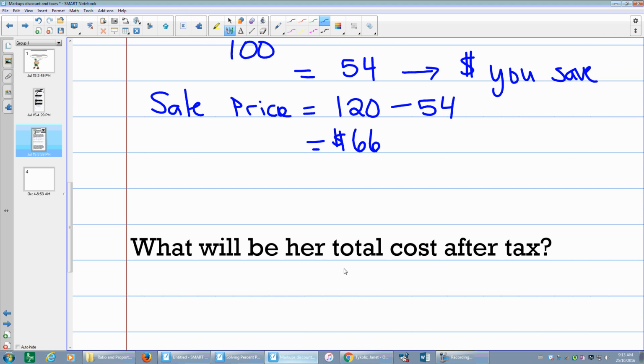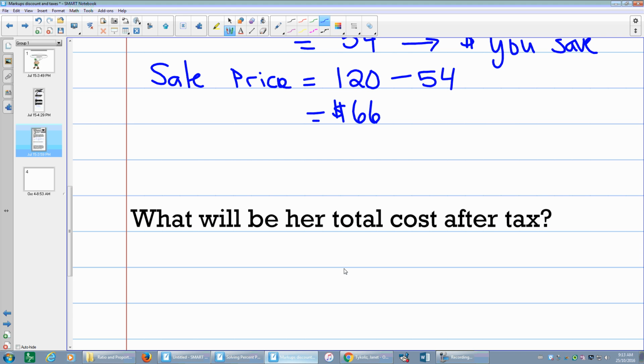The next question here is, what will be her total cost after taxes? Well, that's the sale price of this. So in order to figure out the total cost after taxes, in Ontario, again, we pay 13%. So I go 13 over 100. As a decimal, we should know that it's 0.13.